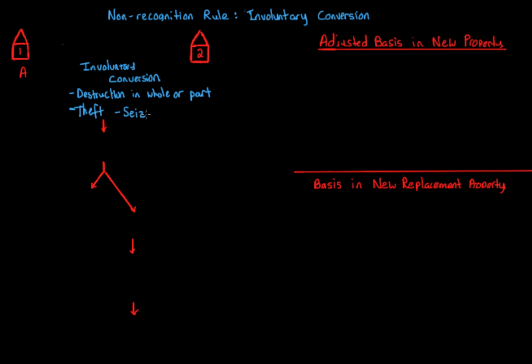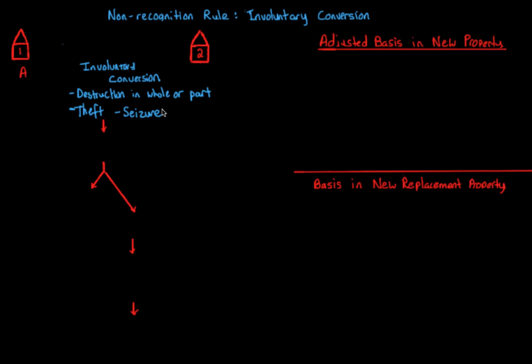So, eminent domain. Say a government takes your property and gives you the fair market value of the property, and they're going to build a highway. They're going to bulldoze, they're going to level down your building, and they're going to build a highway on that land. And they have every right to do so if they meet certain criteria.